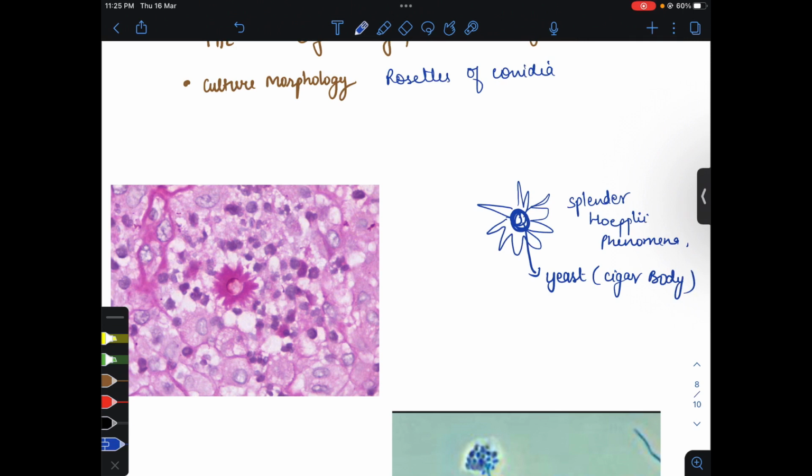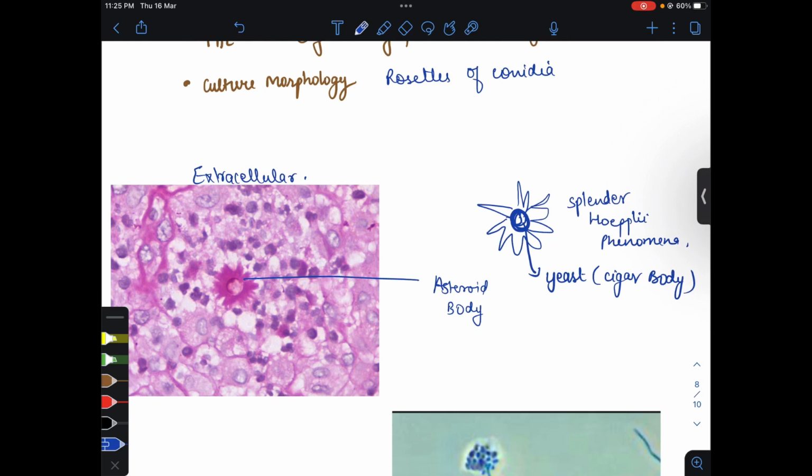And this one is an asteroid body. As we see, it is not inside any cell, it is extracellular. So whenever the asteroid body is present extracellularly, then it is a case of Sporothrix.